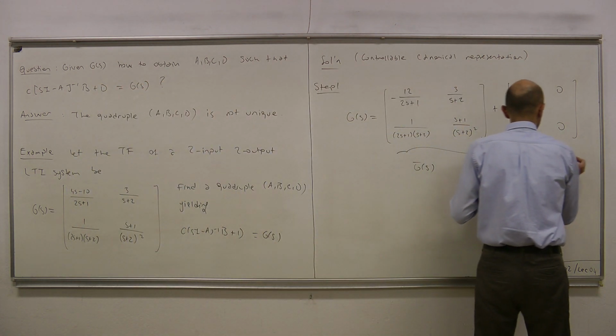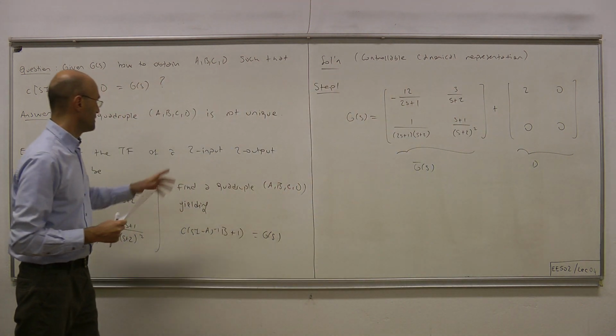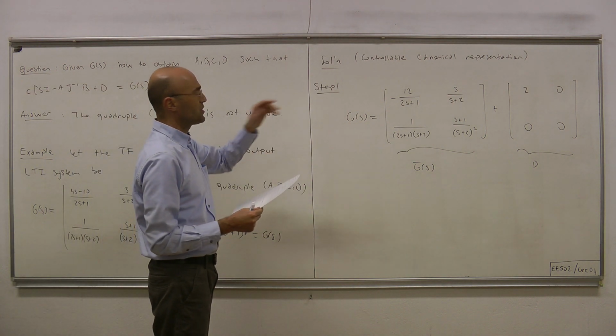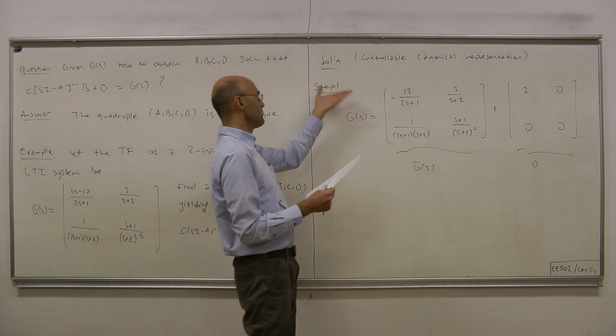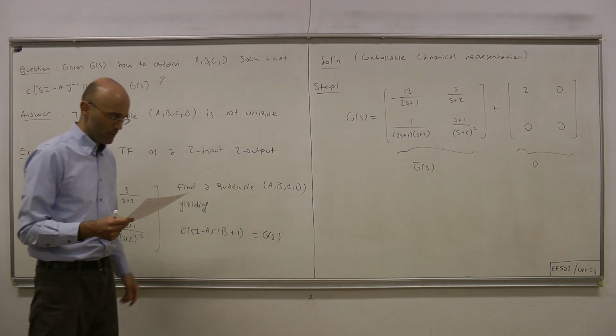And this matrix will turn out to be our D matrix in the very end, the matrix of the quadruple here. Okay. Now, this is step 1. Again, we don't need this step if g of s is already strictly proper.